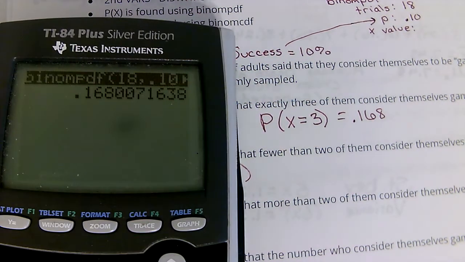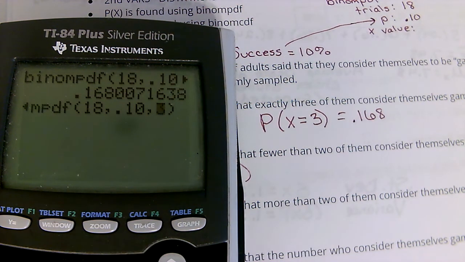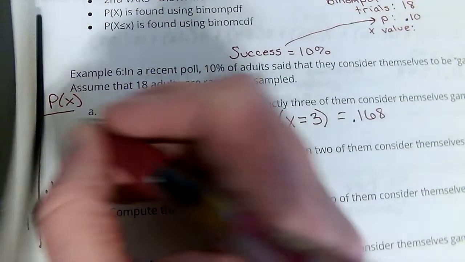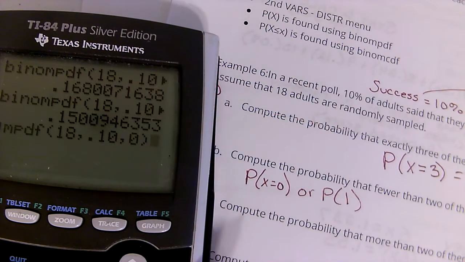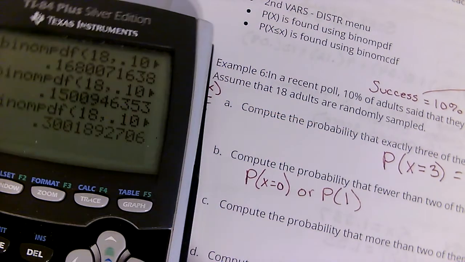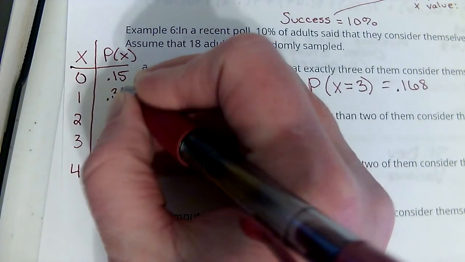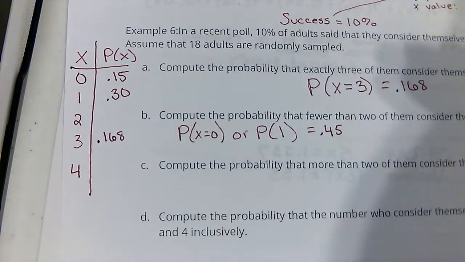You can go in here and just edit and change that to a 0 instead of a 3, instead of going back through that whole process. And change that to a 1, and then it's a little bit faster, 0.30. So if I added those together, it'd be 0.45.